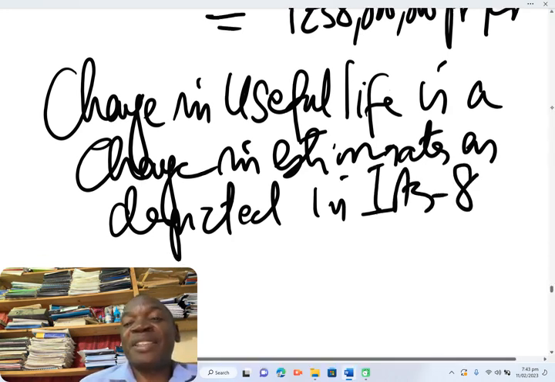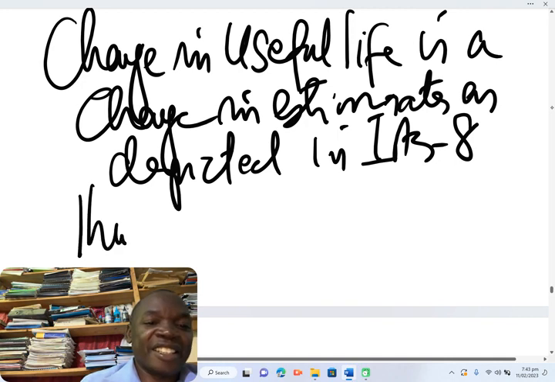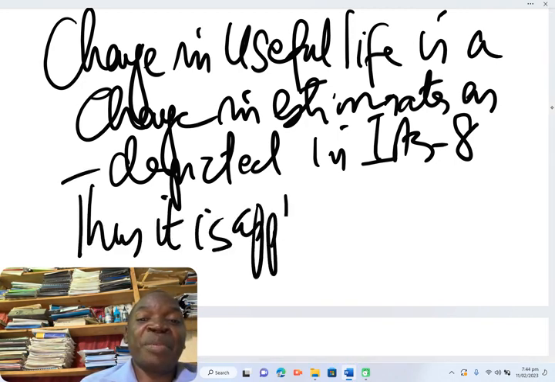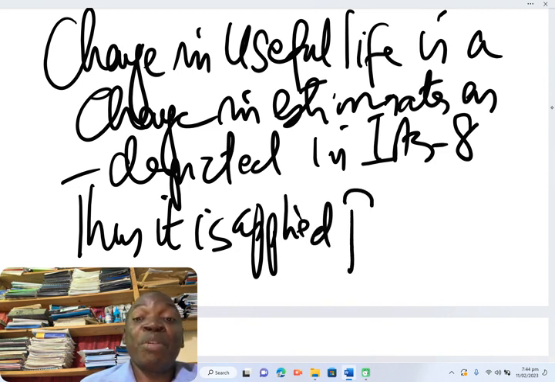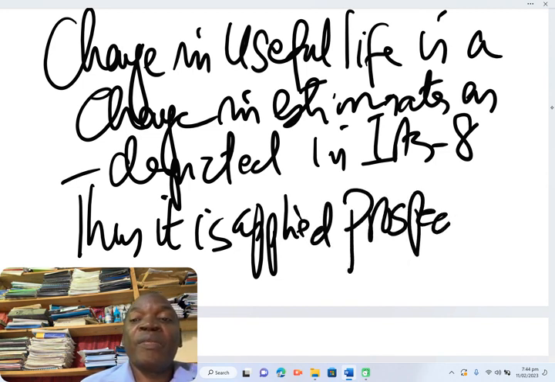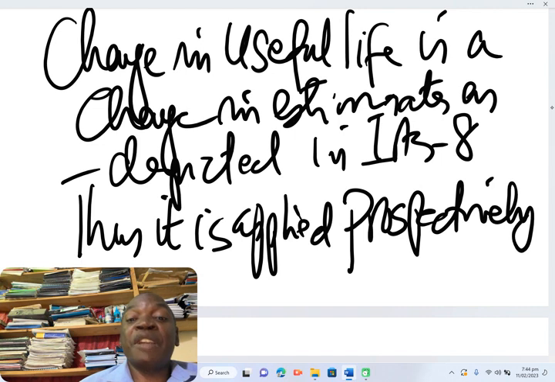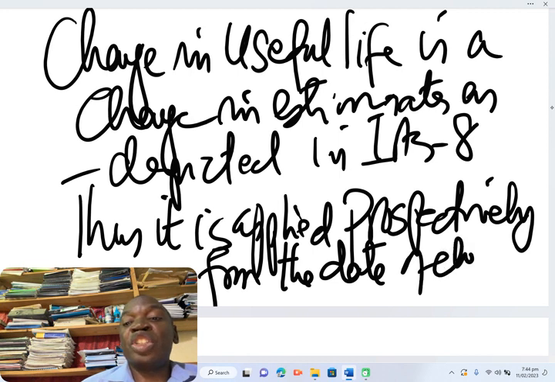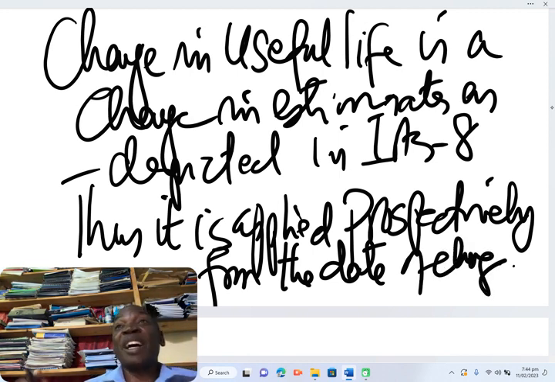It is a change in estimate. Thus, it is applied prospectively from the date of change. Umekaa vizuri?